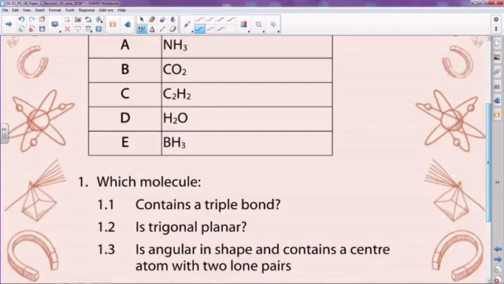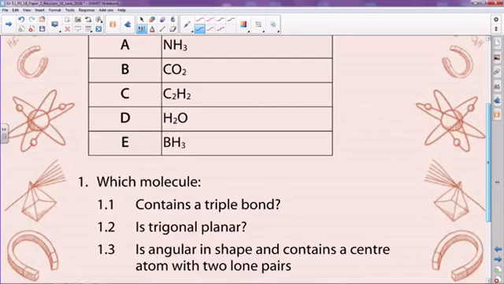One of the substances contains a triple bond, one is trigonal planar, and one is angular in shape with 2 lone pairs on the central atom.